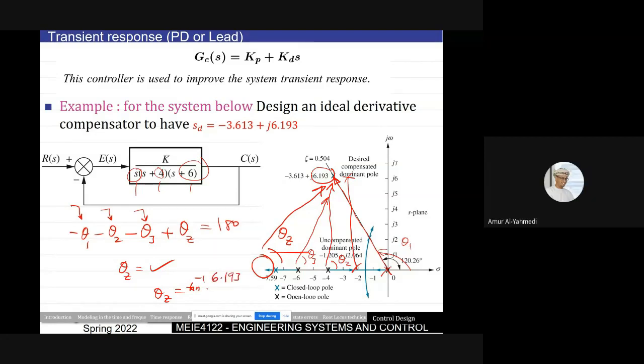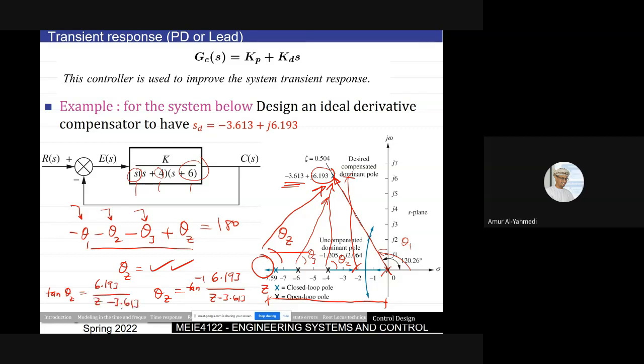6.193 divided by this point here, Z. Let's call it the distance from here to here. This is Z. Z minus 3.613. So I get the angle from this equation, I calculated the angle from it. So it means that tan theta Z equals 6.193 divided by Z minus 3.613.